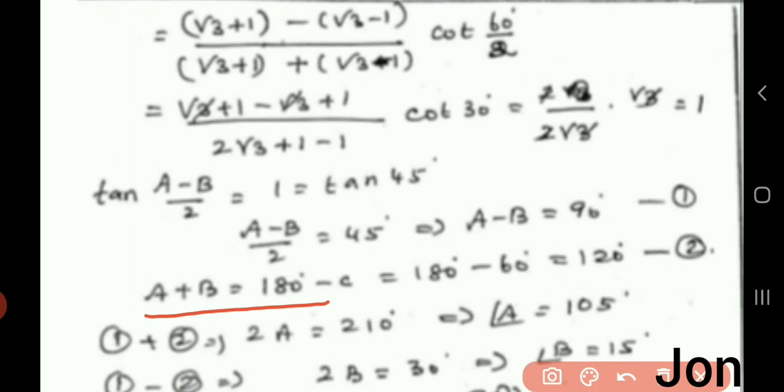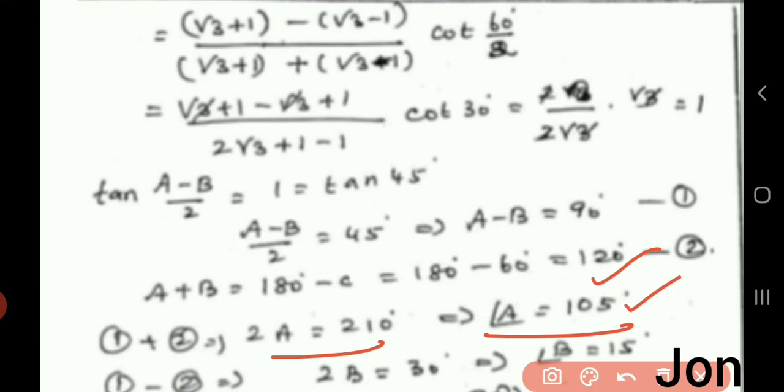So I want to take this value of A plus B, take C to the other side, so that we have 180 minus C. Therefore, A plus B equal to 180 minus 60 degree, that is equal to 120 degree. The first equation we got: A minus B equal to 90 degree. Now we got A plus B equal to 120 degree. Want to solve both the equations now. So that we have 2A equal to 210, so angle A equal to 105 degree.